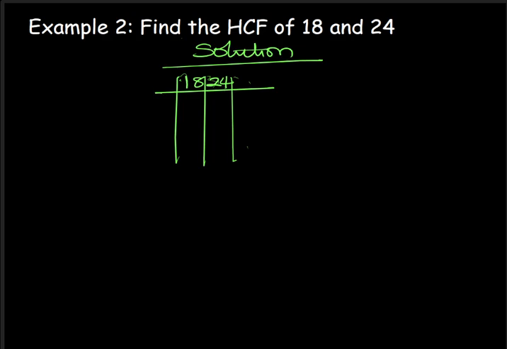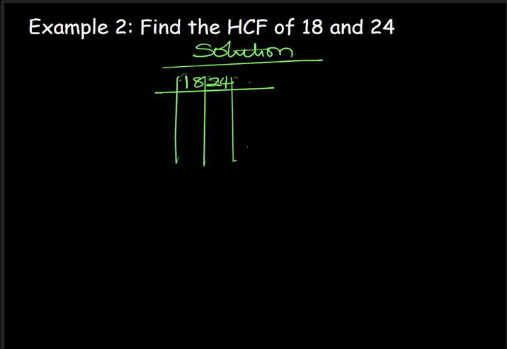Now, in HCF, please take note, we are only using the factors that can divide everything at the same time. So now we have 18 and 24. We are only looking at the factors that can divide 18 and 24 at the same time. The factor must divide the two numbers. So don't pick a factor that can divide one and leave one. No. You use factors in HCF that can divide everything.